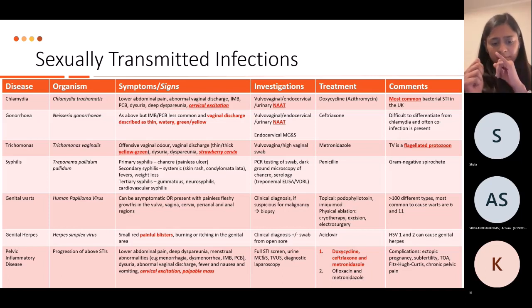The treatment nowadays used is doxy because azithromycin is becoming more resistant to this, and it's the most common bacterial STI. So if you ever have to pick between chlamydia and gonorrhea, unless it is very obviously trying to point more at gonorrhea by saying things like a watery green yellow discharge, opt for chlamydia over gonorrhea.